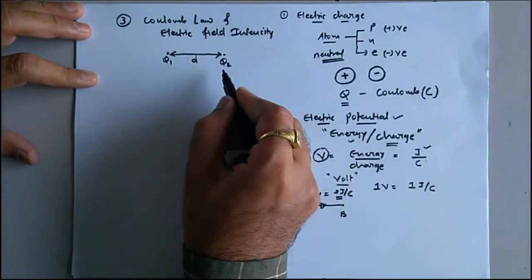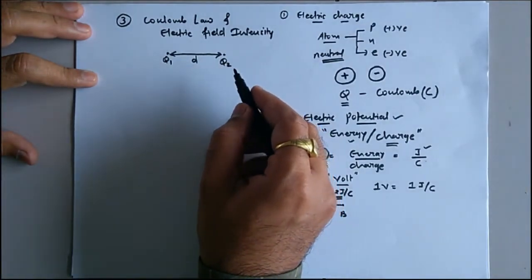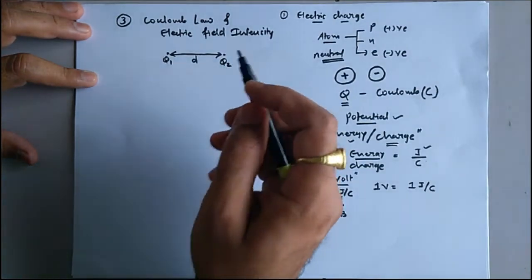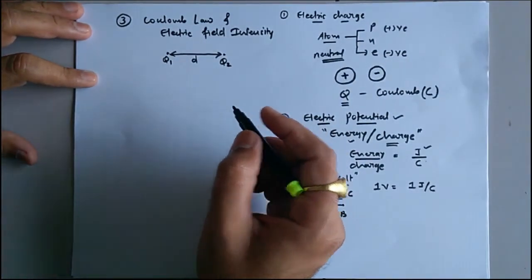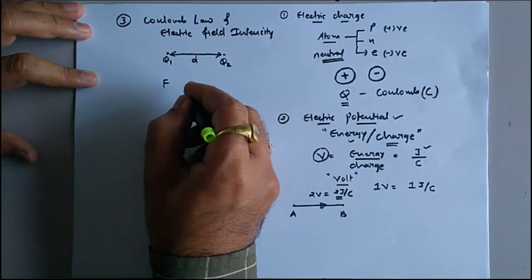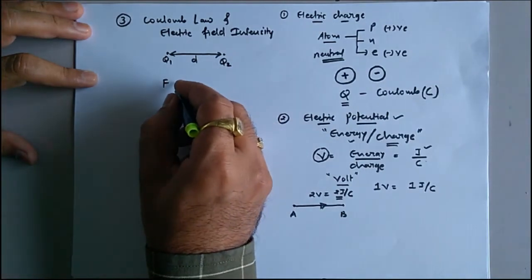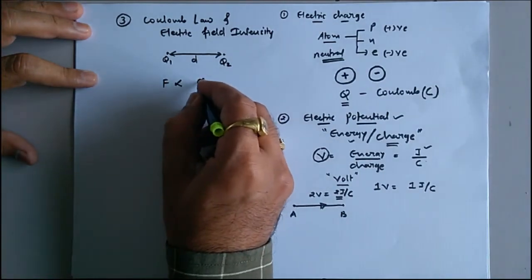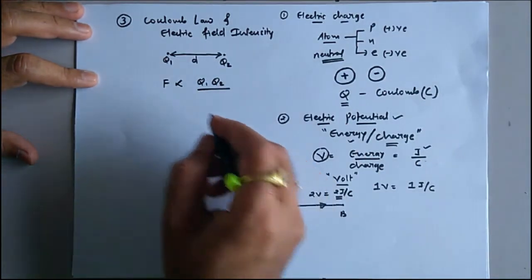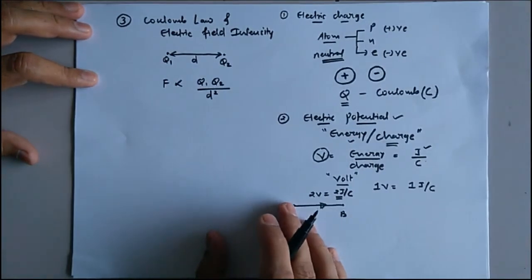Suppose if both the charges are of same polarity, they will experience a force of repulsion, and suppose if they are of different polarity, they will experience a force of attraction. Then in that case, according to Professor Coulomb, the magnitude of force of attraction, or you can say repulsion, between these two charges is proportional to the product of individual charges, and it is inversely proportional to the square of distance between them.